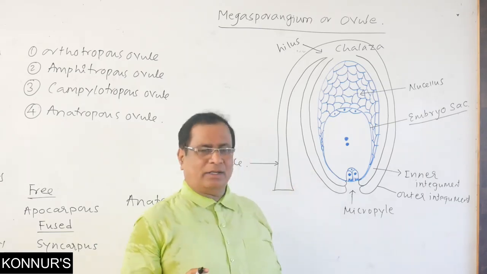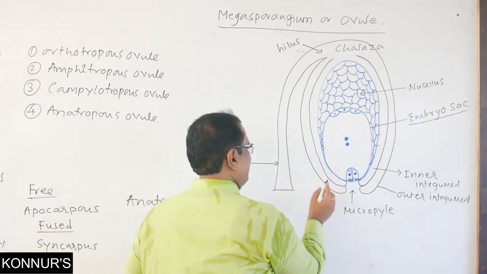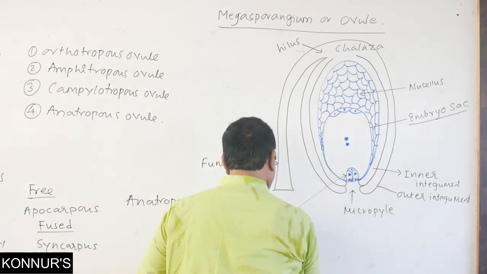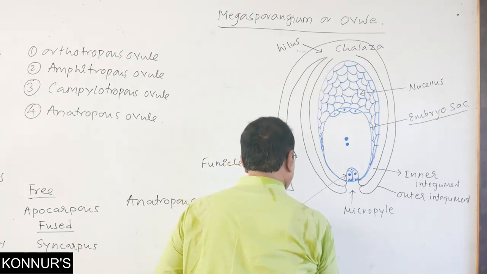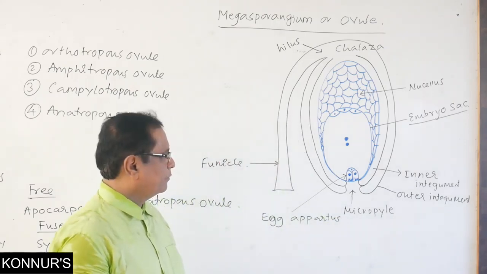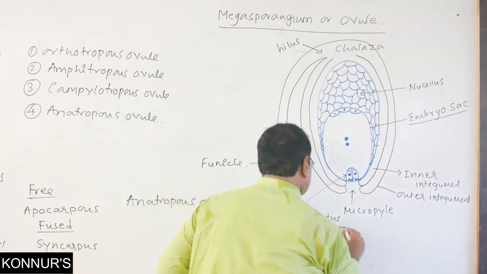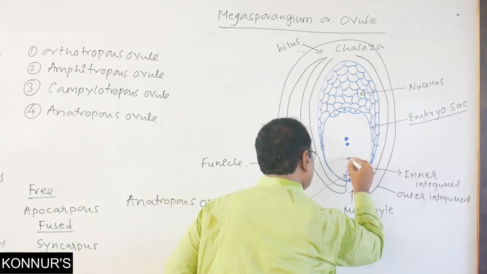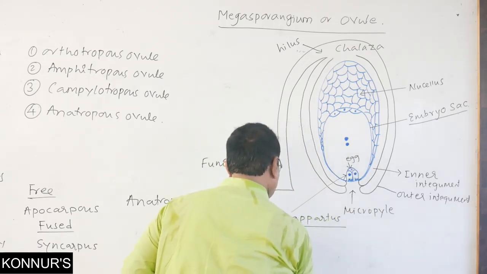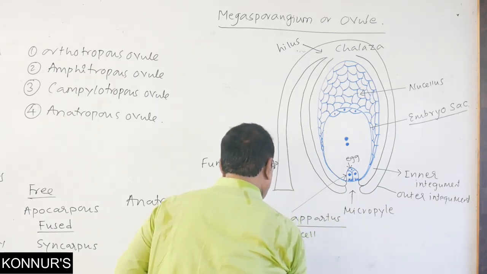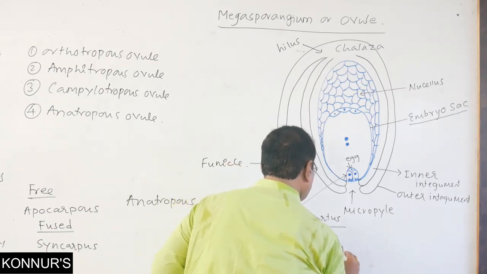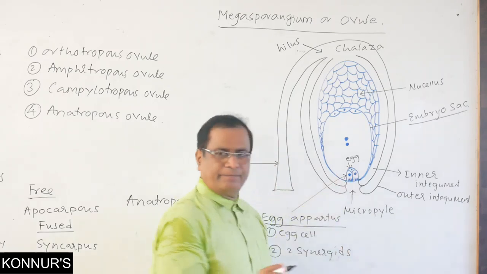Towards micropylar end, a group of 3 cells is there that is said to be egg apparatus. In this egg apparatus, one is egg cell, and 2 synergids.